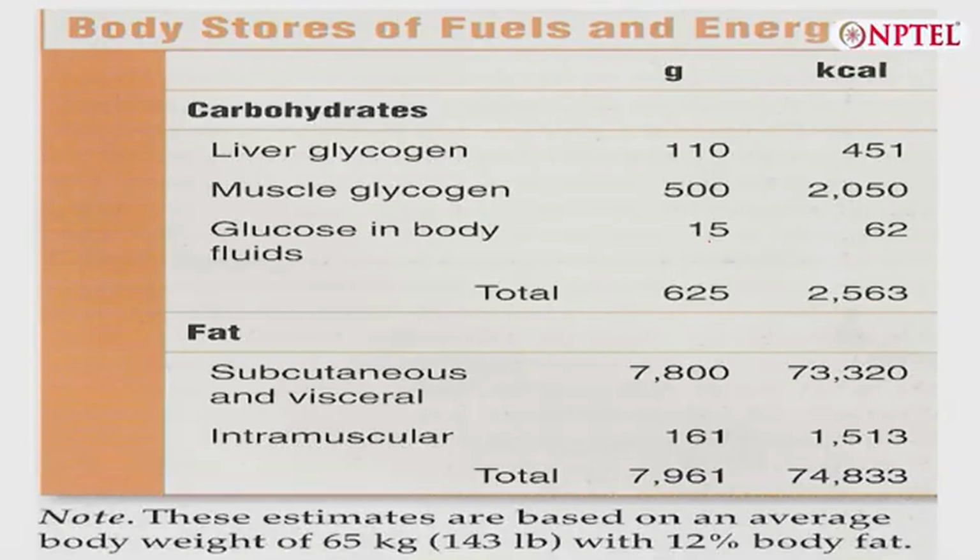So our store of liver and muscle glycogen is limited, as I told you. Fat is a much bigger storehouse for our body. A 70 kg person with 12% body fat will normally get around 625 gram of carbohydrate, where 500 gram is muscle glycogen, 15 gram is glucose in the body fluid, and 110 gram is present in the liver.